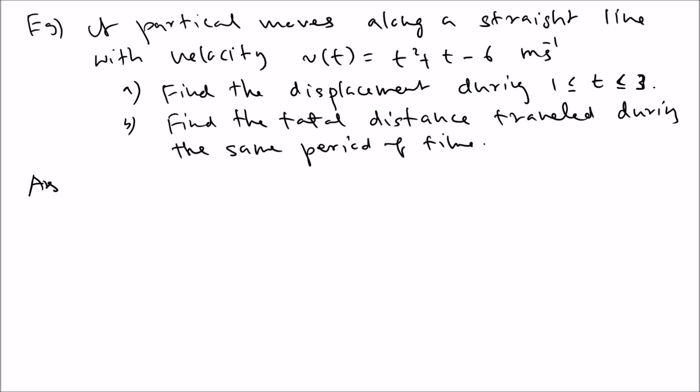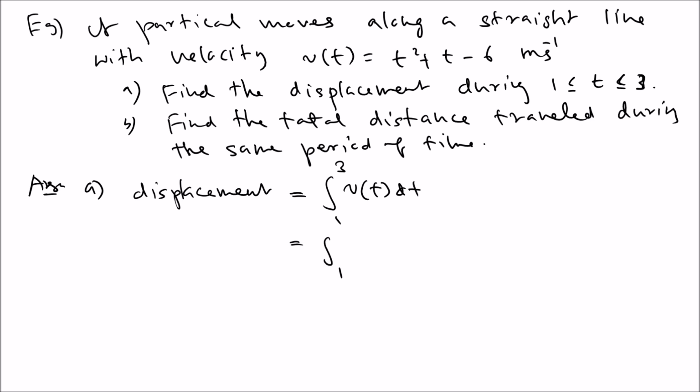So the first part, we know that the displacement is simply the integral of the velocity function. So 1 to 3, that's the limit. Just integrate the velocity function. So we plug in here, the integral from 1 to 3 of t squared plus t minus 6 dt.